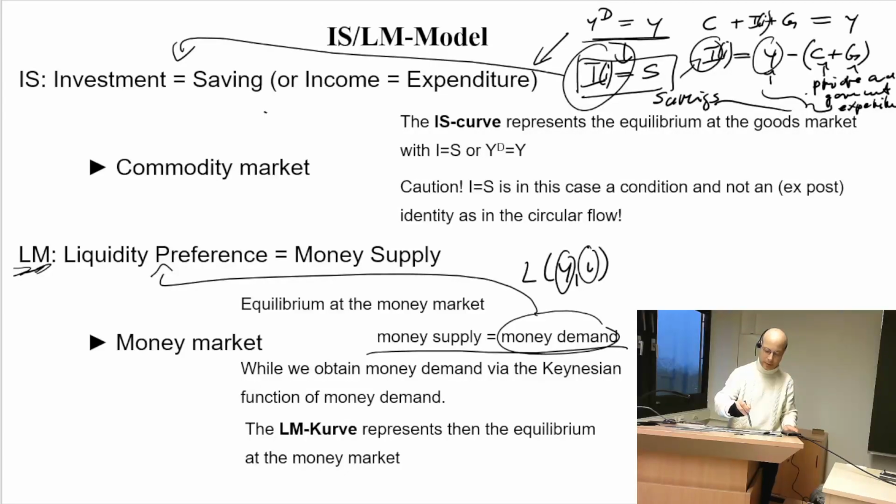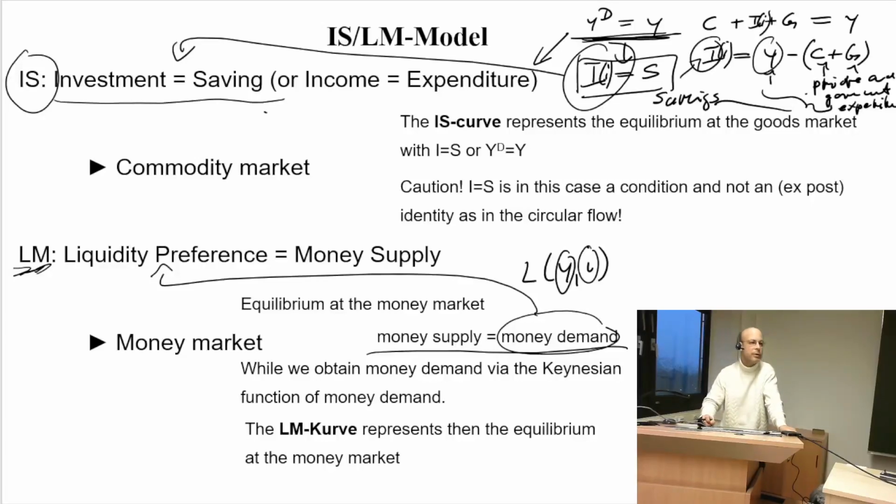And then we said the commodity market, there we have the equality between production and demand, or this can be translated into the equality of investment and saving, IS, investment equals saving. This is why we then call the curve, which we will deduce from the commodity market, and which will give us a connection between interest rates and production, the IS curve.